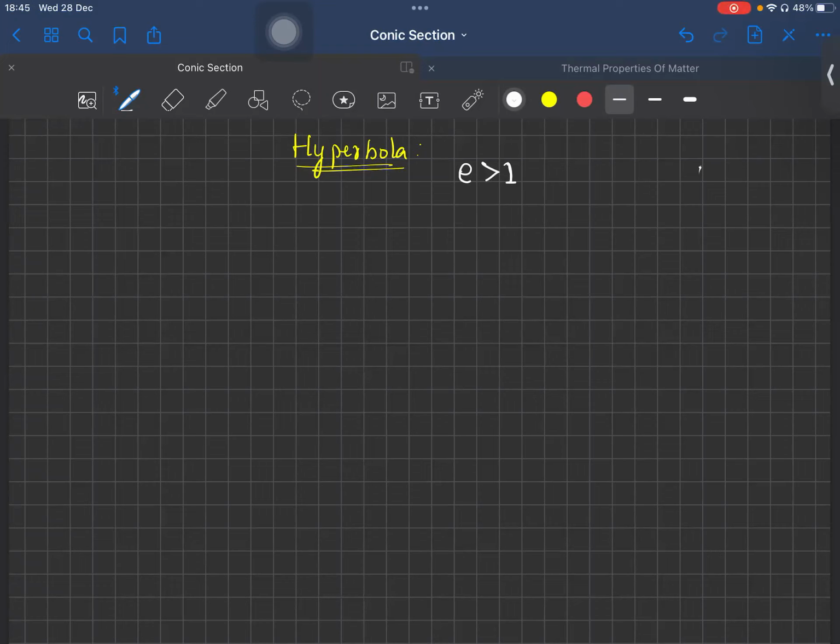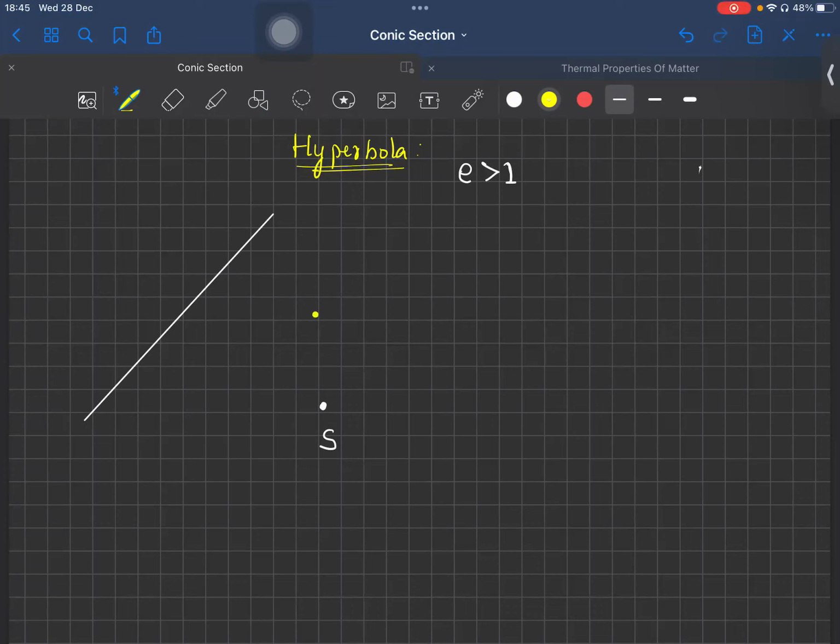So for any conic section, let me write the definition again. A hyperbola is defined as the locus of a moving point. That means a point is moving in space. So this is a fixed line, and this is a fixed point, let's say S. And a point P is moving in space, let's say here.